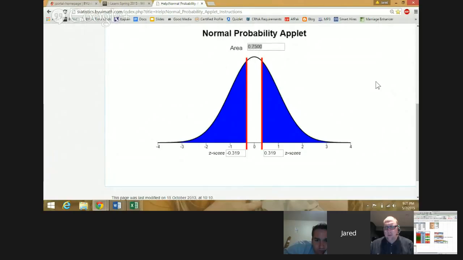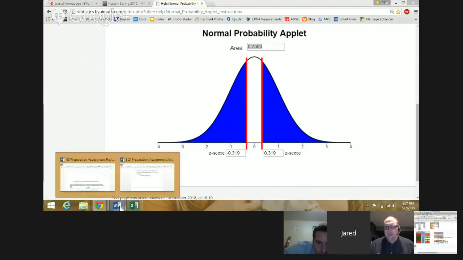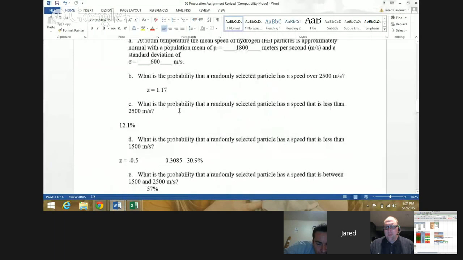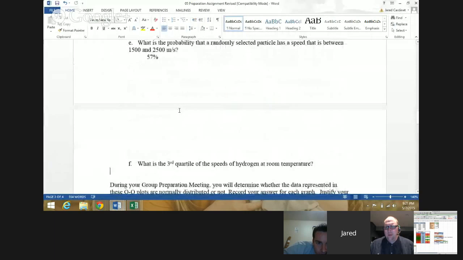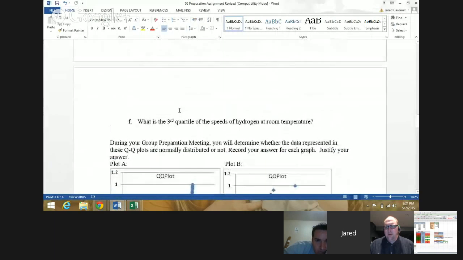So we're putting in a z-score. Yeah, we need to find x, the value. The z-score is 0.319. Okay, and then you should have everything else figured out, right? Yeah. Okay, the value comes out to 1991.4 meters per second.